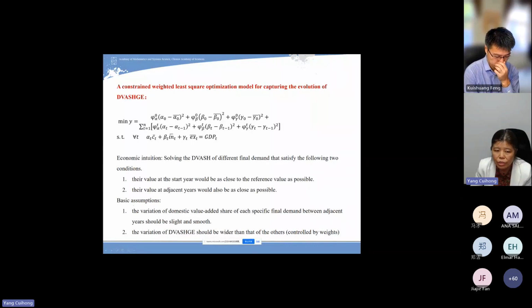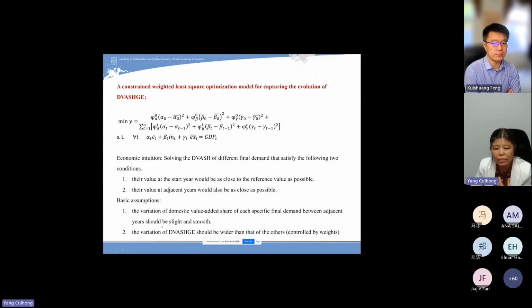Actually, we have some intuition and also some basic assumptions. One intuition is that their value at the start year would be as close to the reference value as possible. Another is that their value at adjacent years would also be as close as possible.